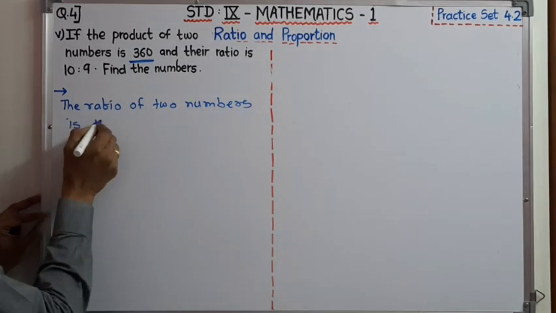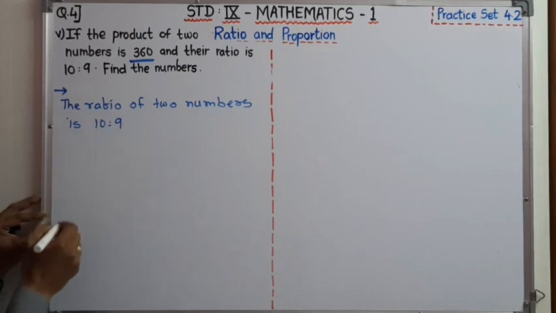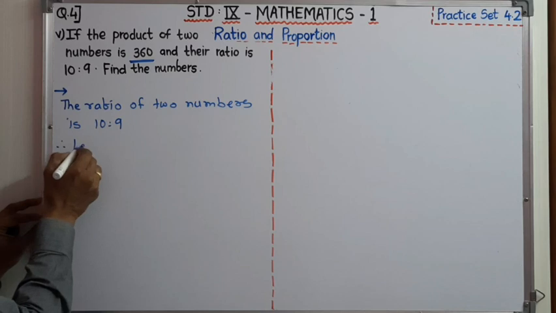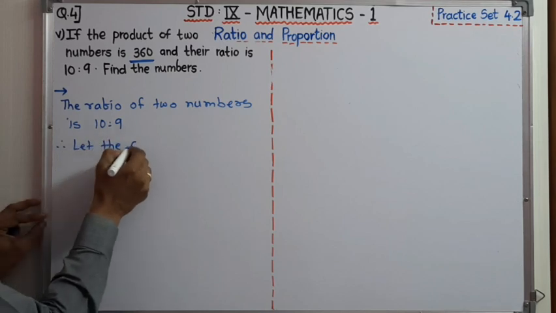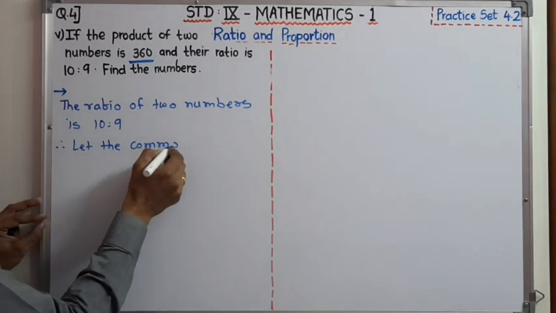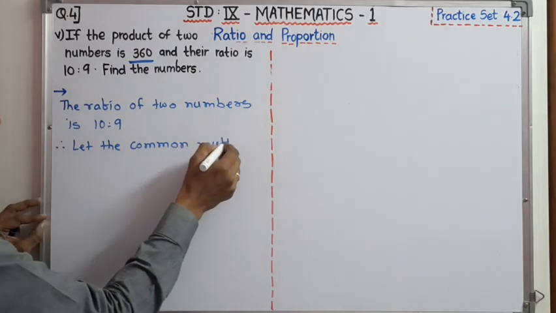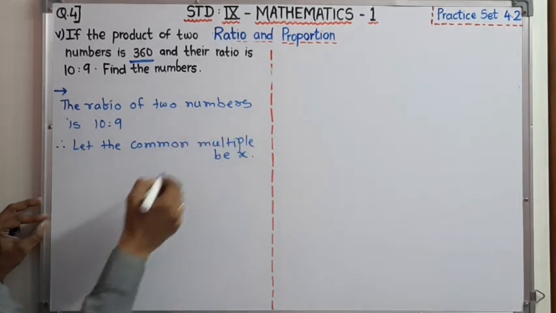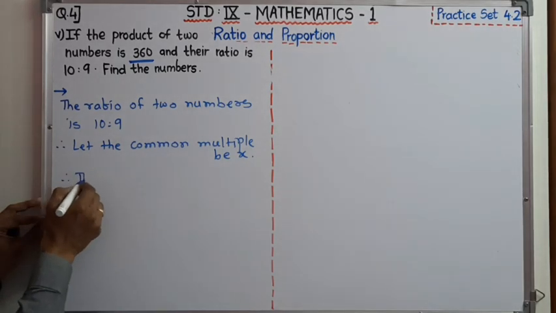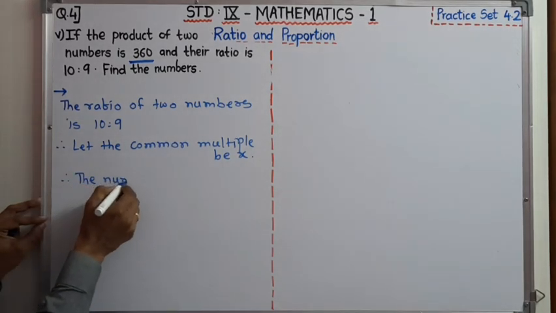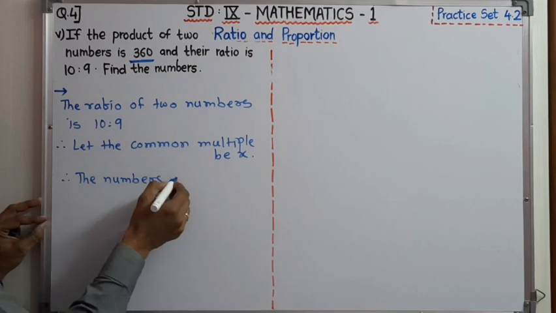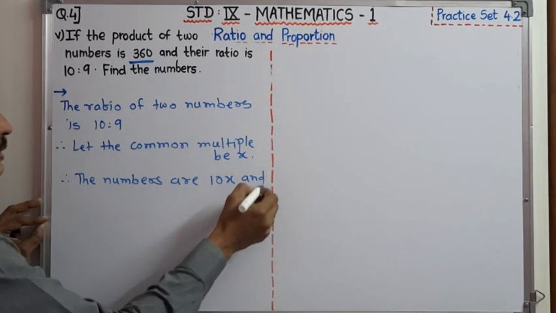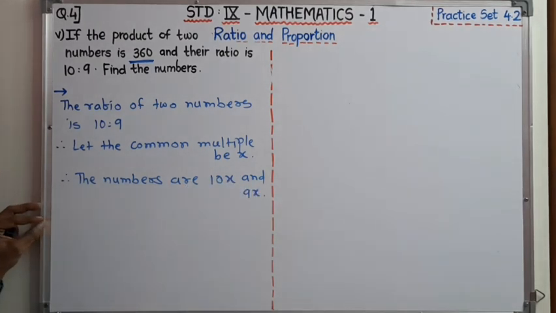is 10:9. Ratio is 10:9. Therefore, let the common multiple be x. Therefore, the numbers are 10x and 9x.